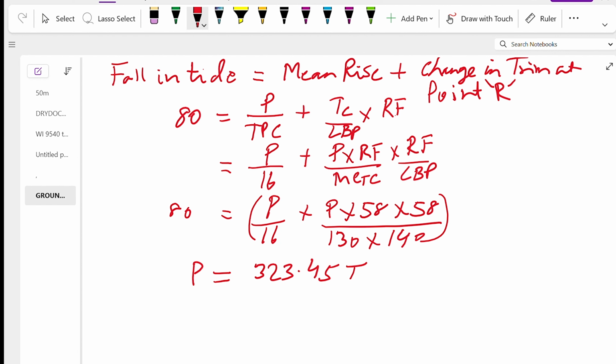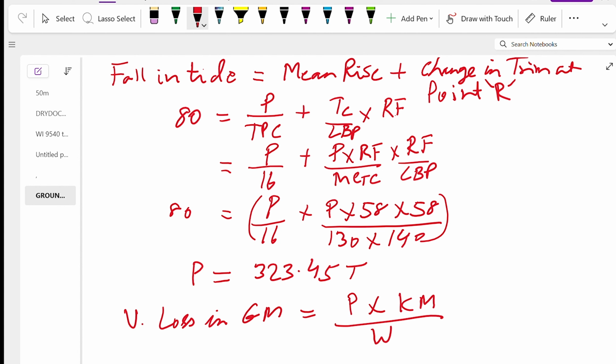So we have got now P. What is the virtual loss in GM? There are two formulas, we can use any of them. So P into KM upon displacement, original displacement.